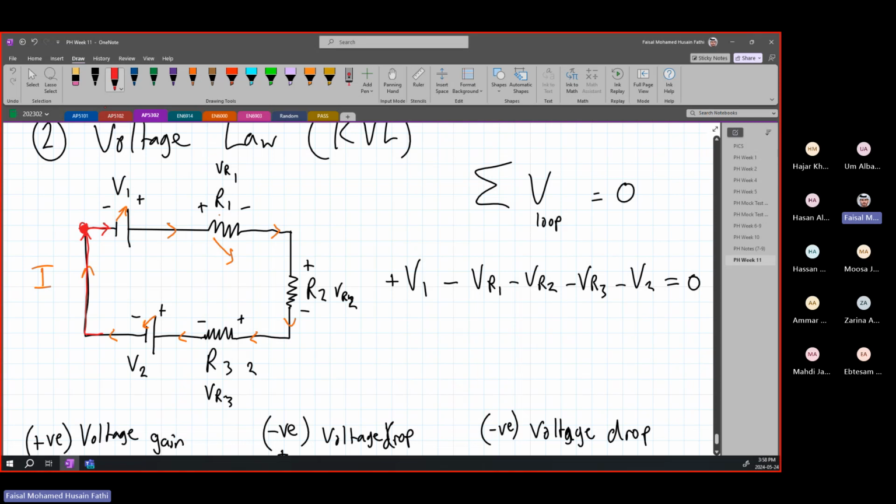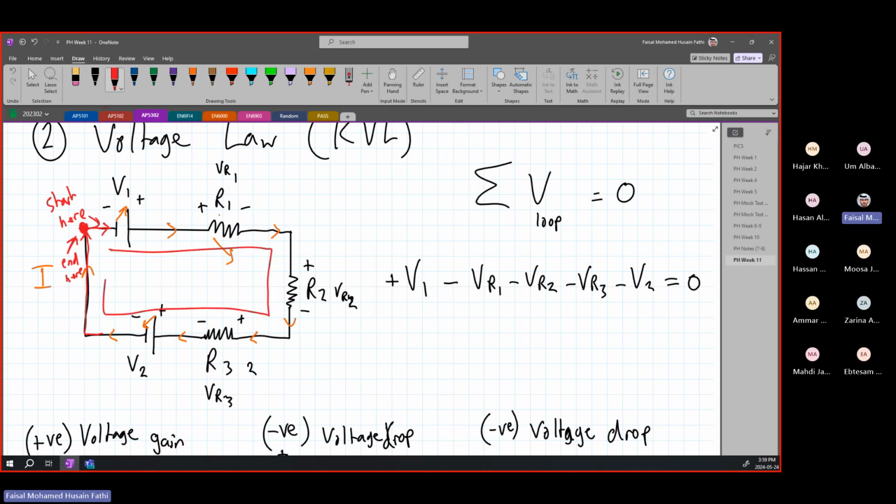All right. So the idea is we start from a specific point, like starting here, and ending here as well. You're going to go in a circular motion. So you're going to go like this, like this, like this, and back to this point.